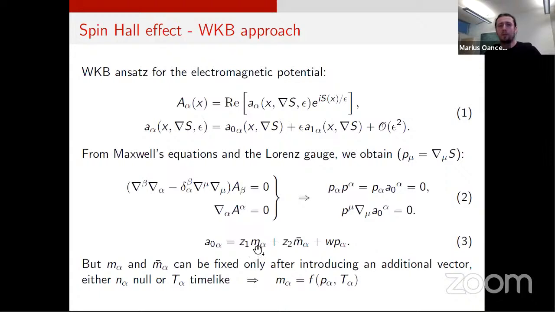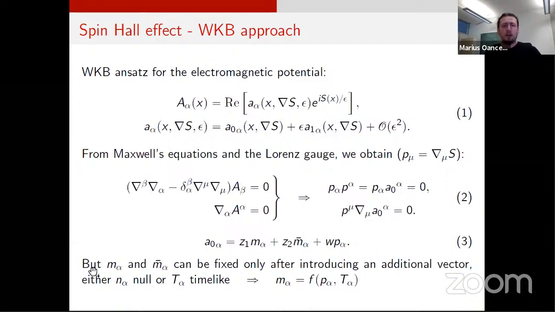So we can write it in terms of vectors M and M bar, which are orthogonal to P, and also in terms of P over here, where Z1, Z2, and W are complex scalar components. Z1 and Z2 will describe the state of polarization of our WKB ansatz, and the component proportional to P is a pure gauge component which will not play any special role later on.